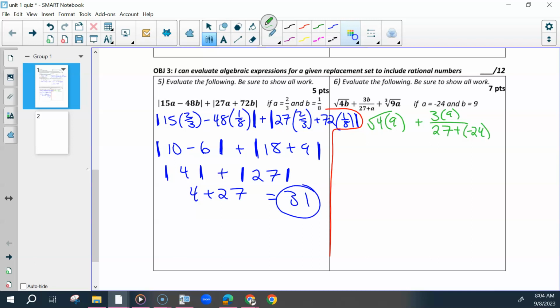Some of you just put minus, I was okay with that. Alright, so showing that part was 1 point. And then some of you started simplifying too much. You would put this entire thing in the calculator, this entire thing in the calculator, and then get that answer, but I need to see every step.